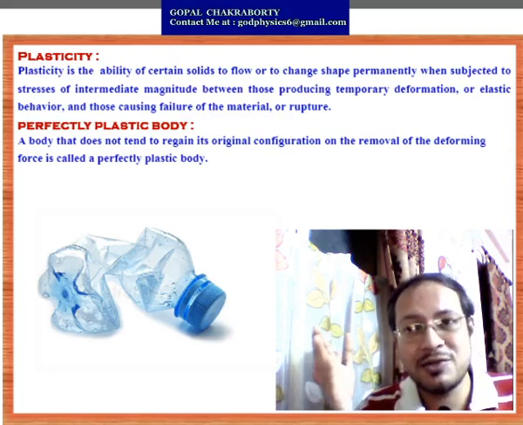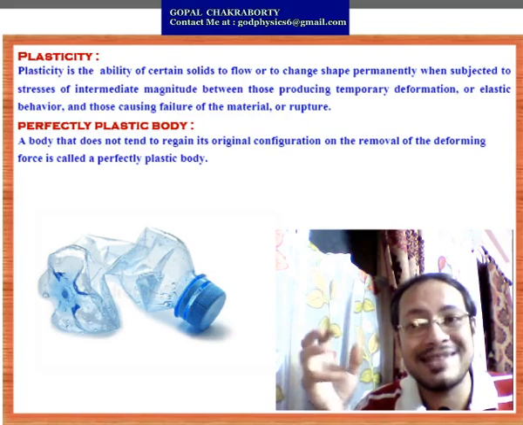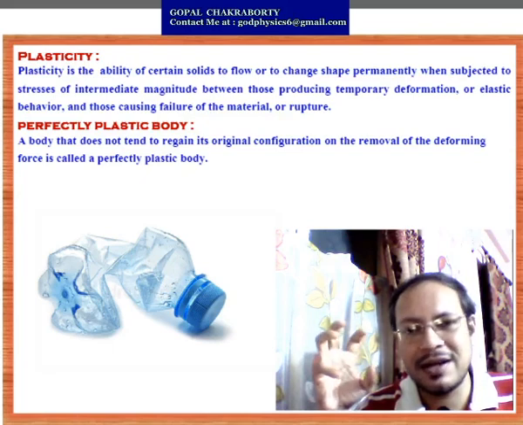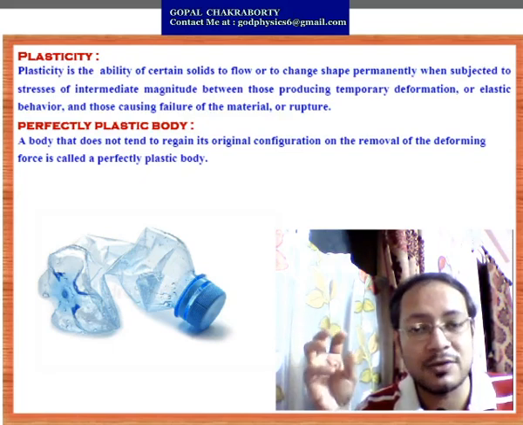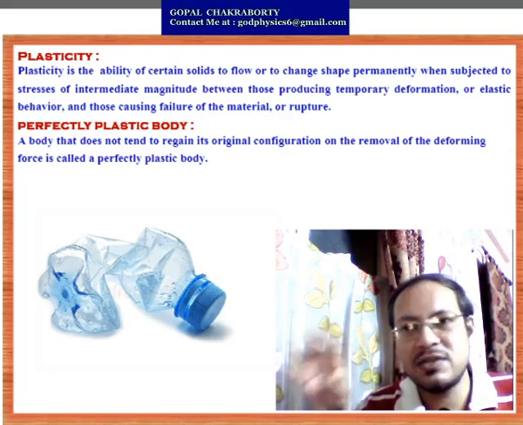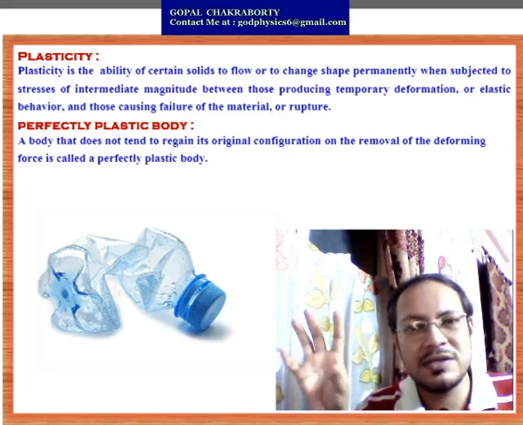As I have shown you in an example here, if you consider a plastic bottle and squeeze it, deforming it by applying some external force, it will change and squeeze into a smaller shape and size.